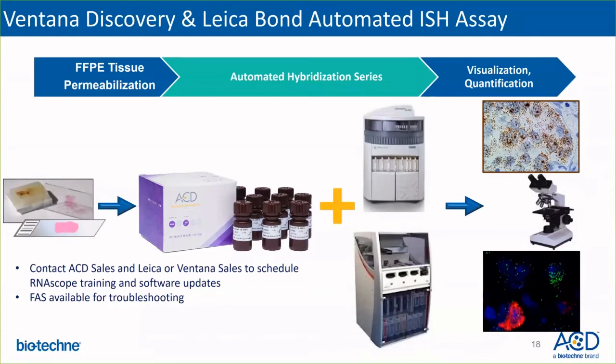If you are interested in the automation platform, please contact your local account manager. We will have our local field application specialists available for training and troubleshooting on the automation platform.